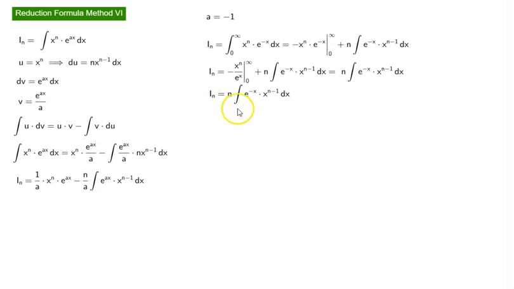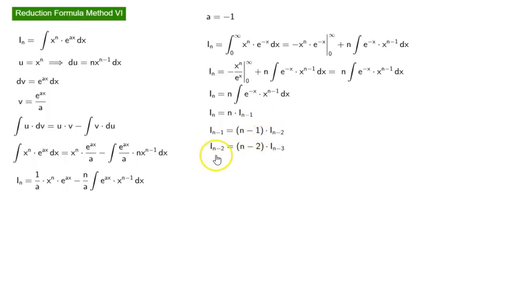So we have I sub n is equal to n times the integral of e to the power of minus x times x to the power of n minus 1 dx, which can be written as I sub n is equal to n times I sub n minus 1. Now what's the fun as it goes forward? I sub n minus 1 is equal to n minus 1 times I sub n minus 2.